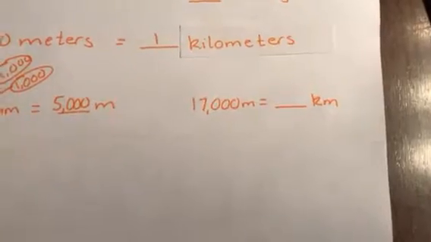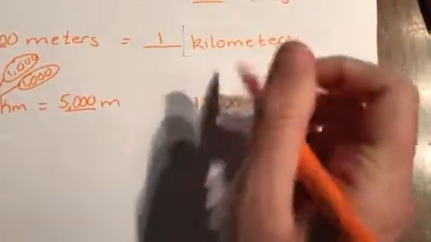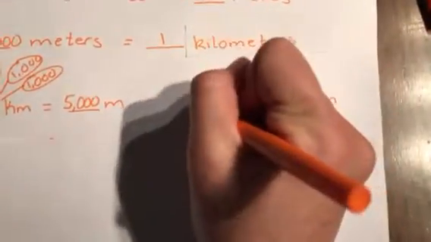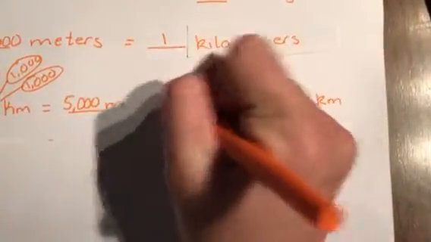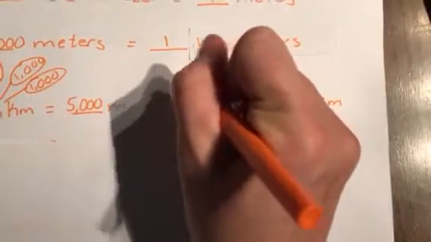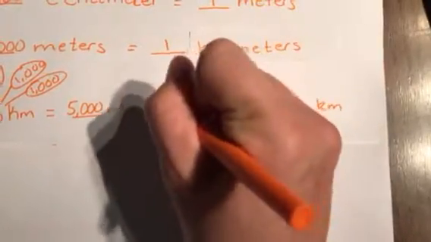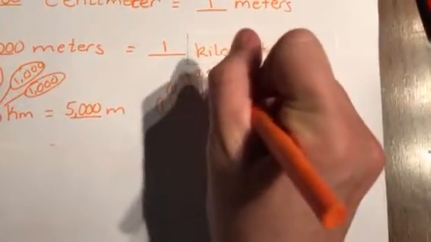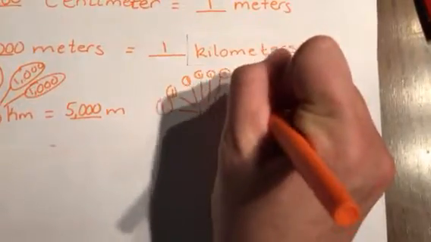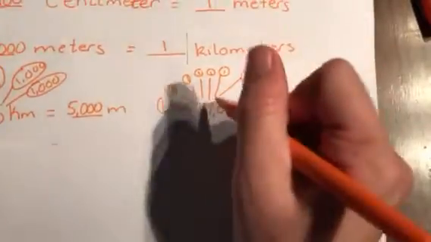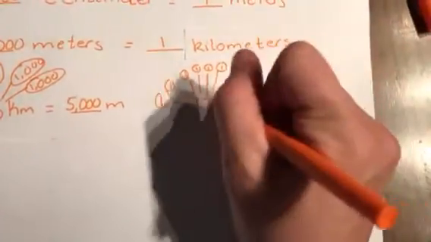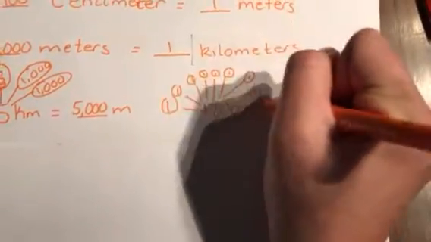Now, if we have 17,000 meters, how many kilometers is in there? So I can think about this. Each 1,000 of the 17,000 is going to be 1 kilometer. So I can pull out 1 kilometer, and I can keep doing that 17 times.